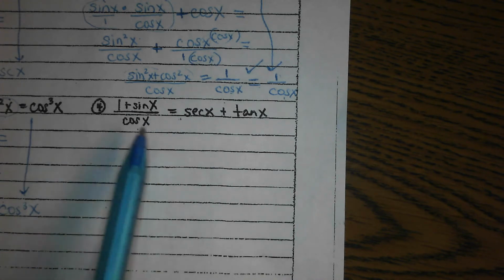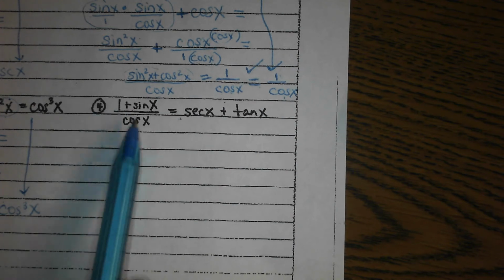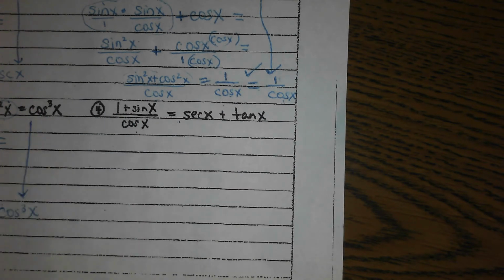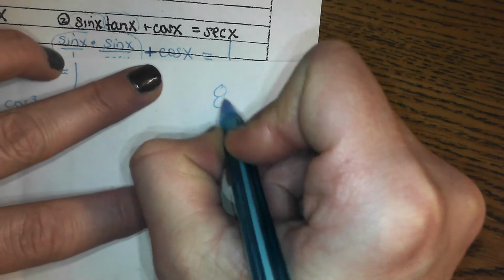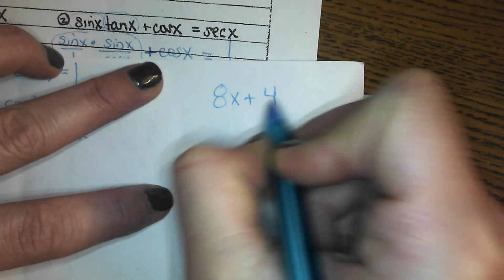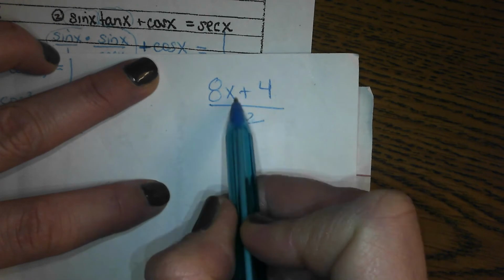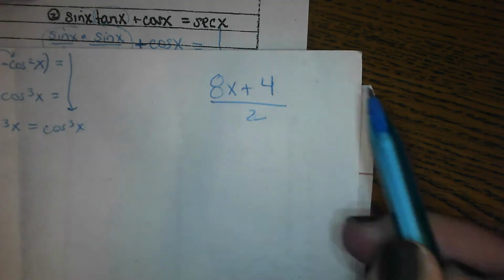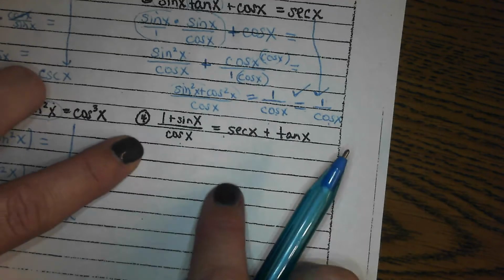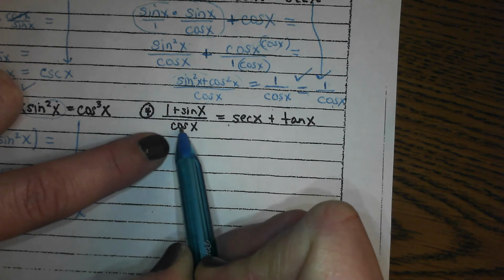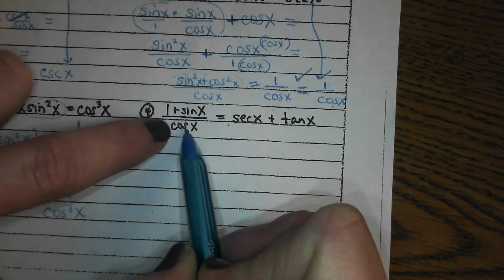One over cosine. Well, it's a binomial, so both terms have to be divided by cosine. You know how in linears, if you've got like 8x plus 4 and you're dividing it by 2, you have to divide both terms by 2? Do you follow that? So you can do that. If we're doing it Chris's way, this is a binomial divided by a monomial. So both terms have to be divided by cosine.